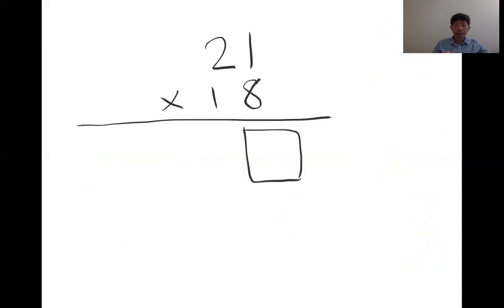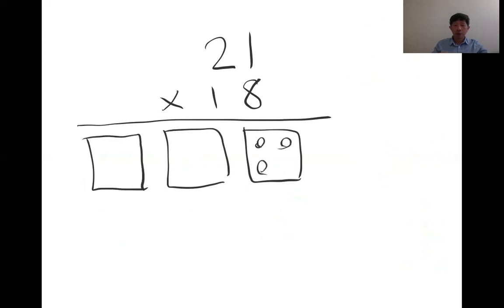Let's do another one, crisscross method. 21 times 18. Now we have dots like this. All right.